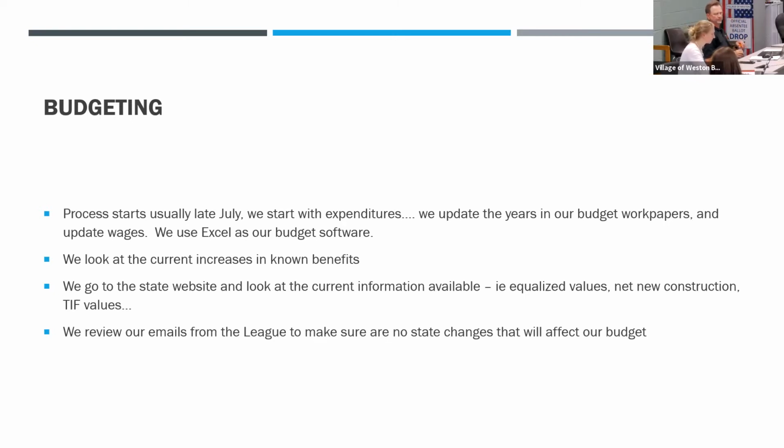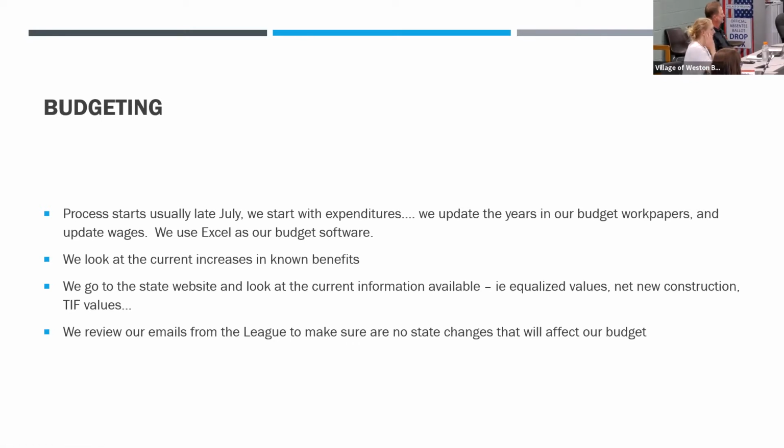Unfortunately, we usually adopt our budget in November with the required notice from the paper, so that last minute change may or may not get into the budget with our health insurance. Other than that, we go to the state website and see what current information is available there: equalized values, net new construction, TIF values, and with that, we go on to adjusting our budget.